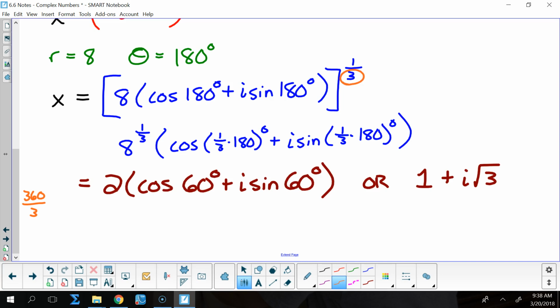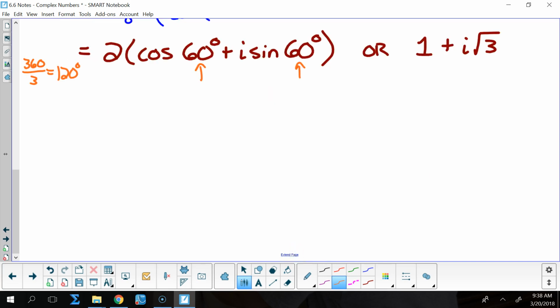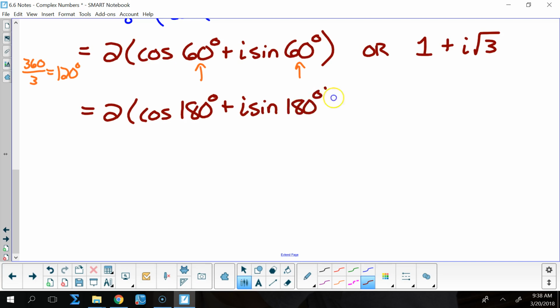Okay? So what is 360 divided by 3? 120, right? So now, to find the other ones, I'm going to add 120 to those two thetas. So my next root is going to be 2 times the cosine of 180 degrees plus i times the sine of 180 degrees.